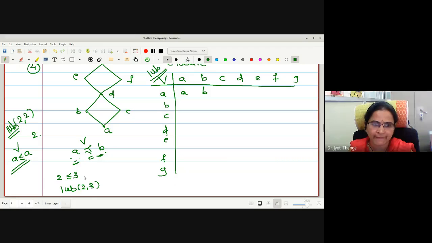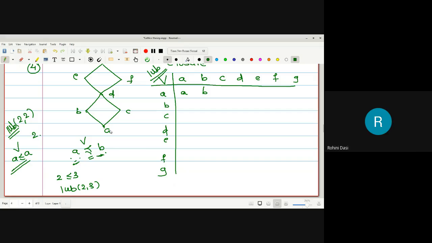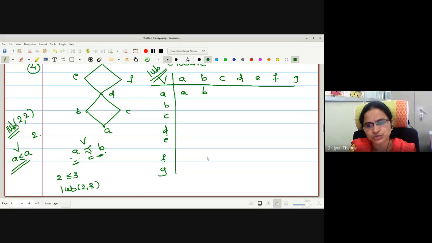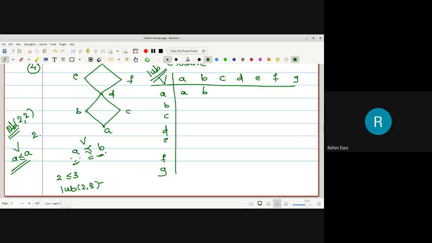Yes. Similarly, is someone asking me a question? I hope I am clearly audible. Is this point clear? If I take the set {2, 3}, what will be the least upper bound? 3 only.